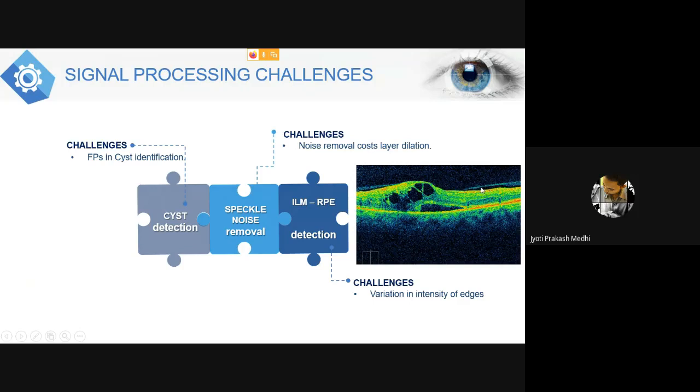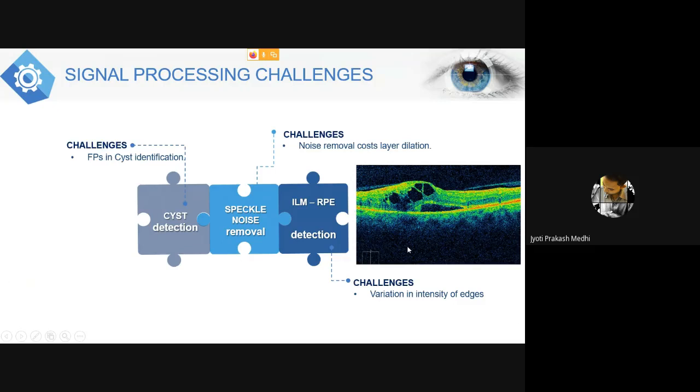Due to this variation in intensity, if we are using a single threshold, then we cannot identify the layer properly. The layer will come out as broken edges. So the next challenge in the identification of the layer is the varying intensity of layer edges.